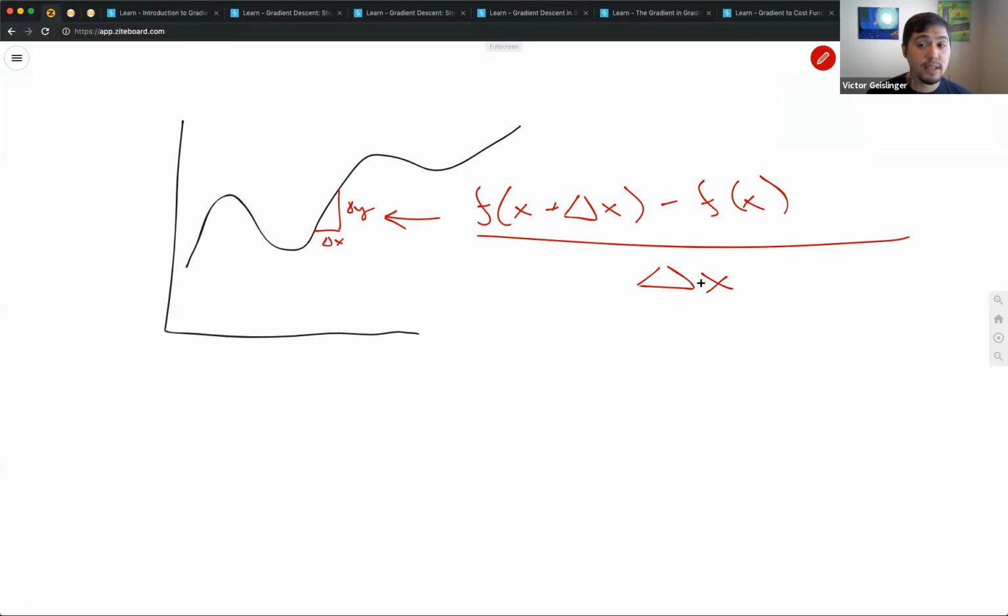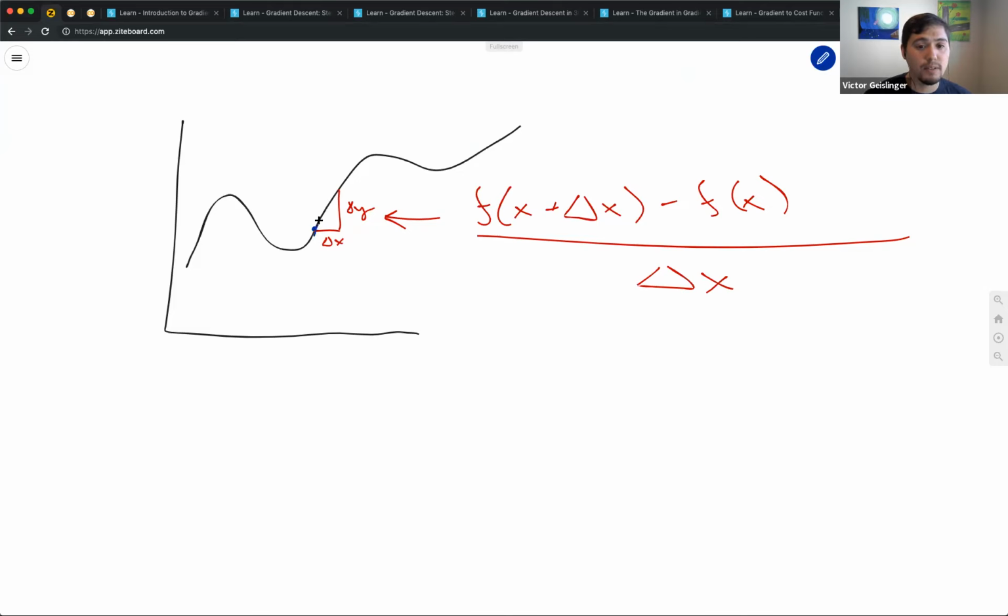And that is basically telling us, let's say this is our x point right here, the slope at that point. So basically how steep is it at the specific point?